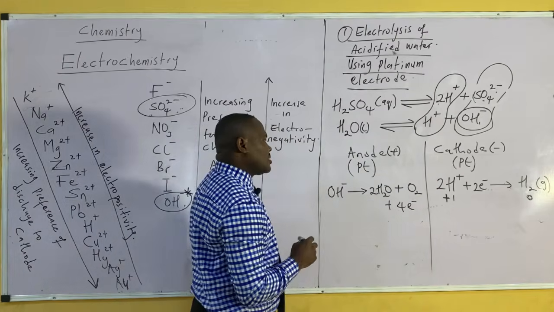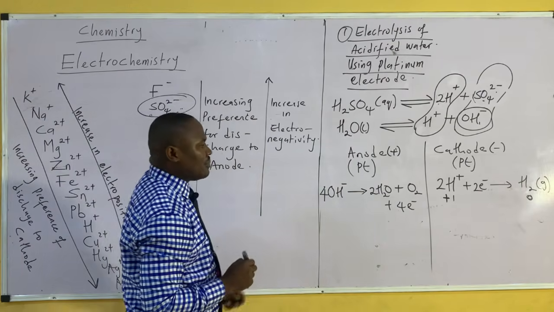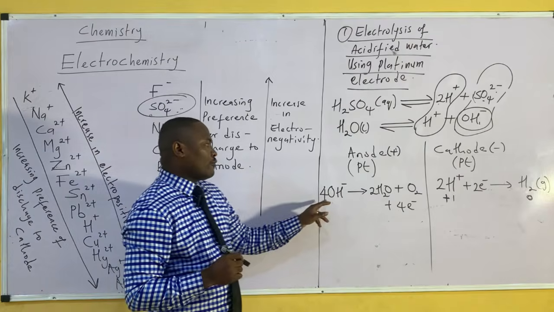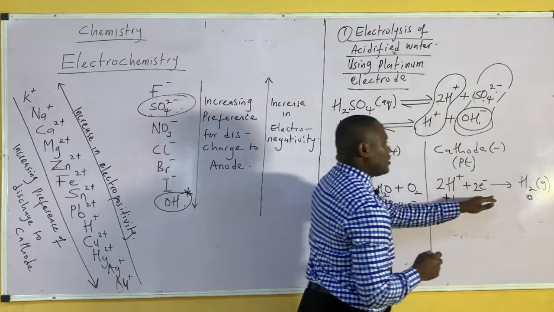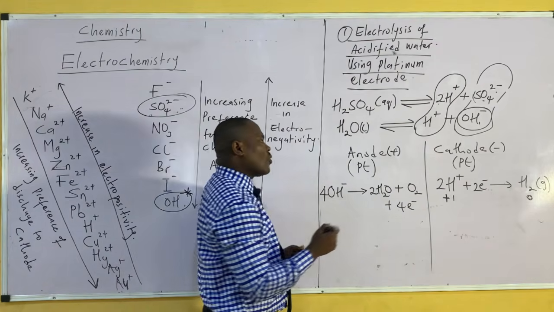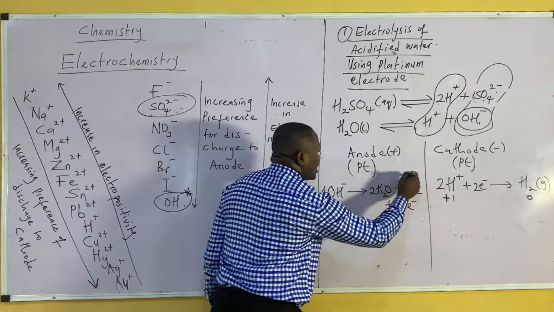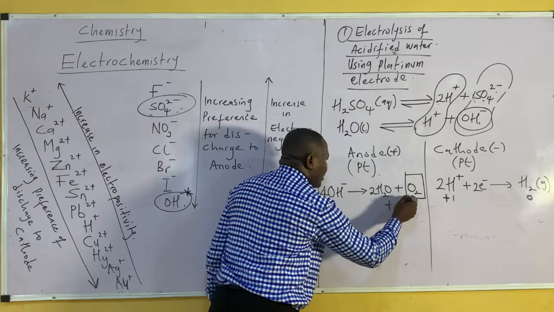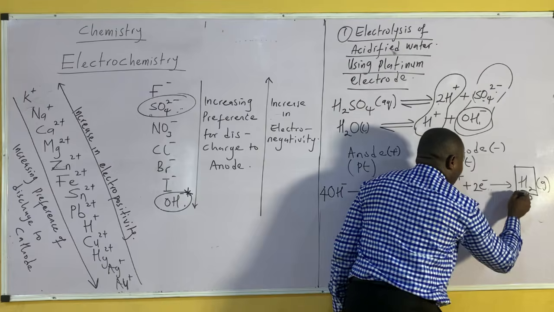Take note of why here I have 4. So this is the balanced reaction for OH- at the anode, while this is the reaction for H+ at the cathode. Now, what gas is given up at the anode? We have oxygen gas given up at the anode, and we have hydrogen gas given up at the cathode.